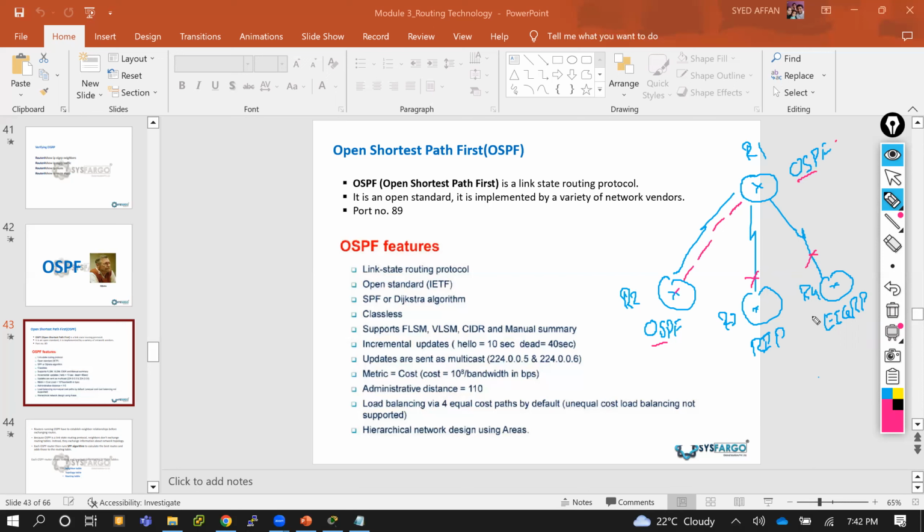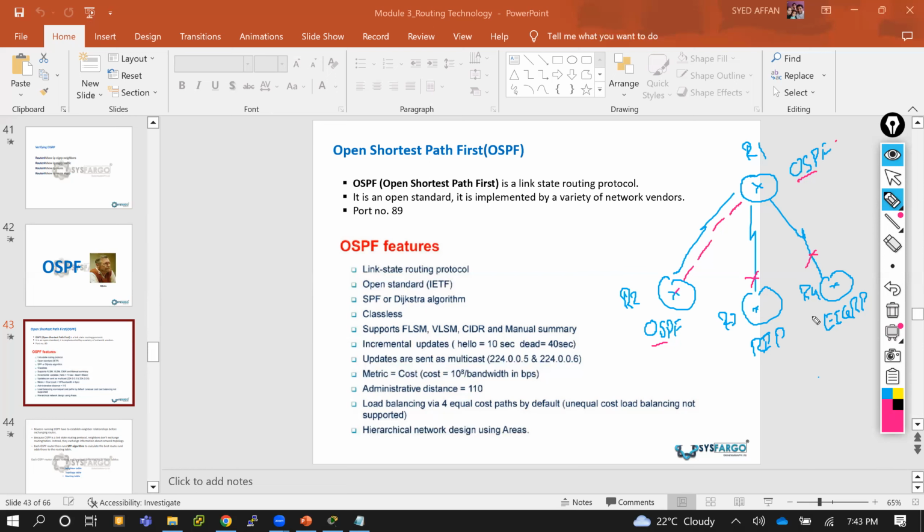To form a neighbor relationship, both ends should have the same protocol. Sorry guys, if it is a different protocol, it's not possible to form the neighbor relationship by default. Yes, we have other options, but by default it's not possible.